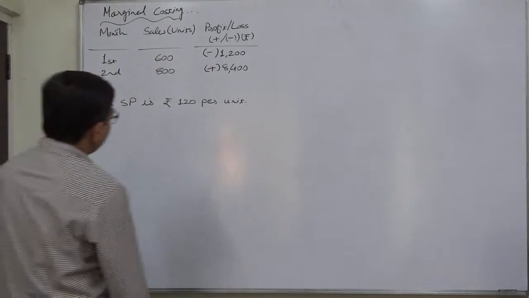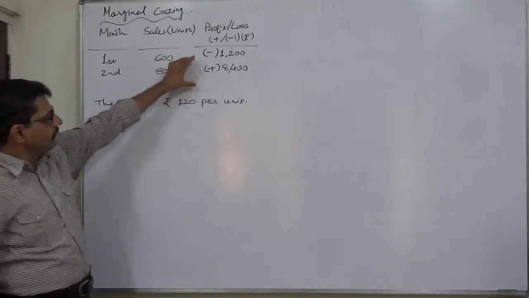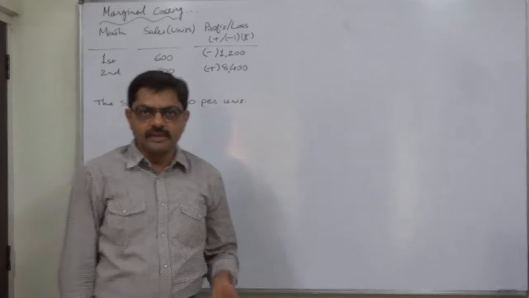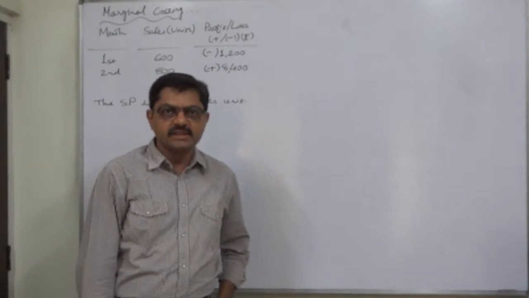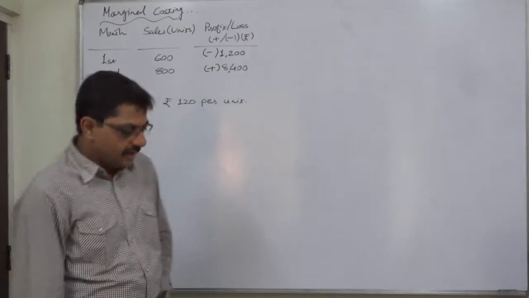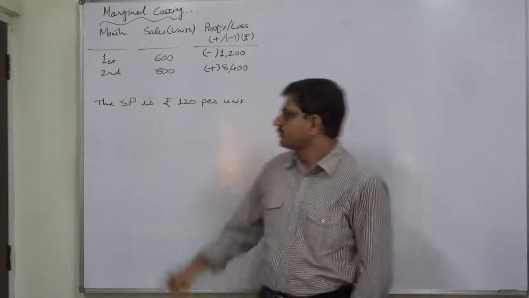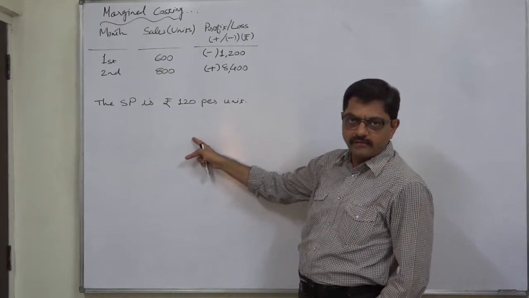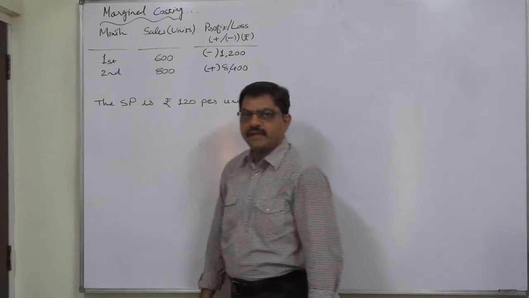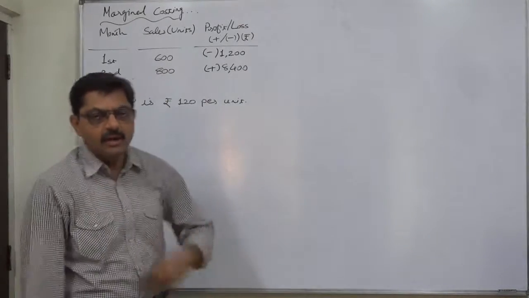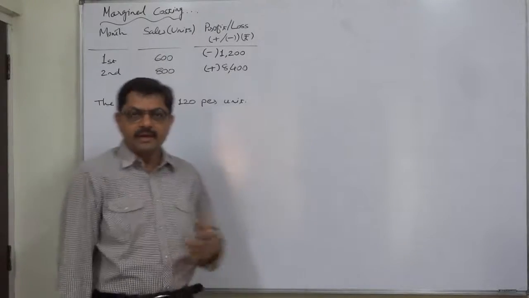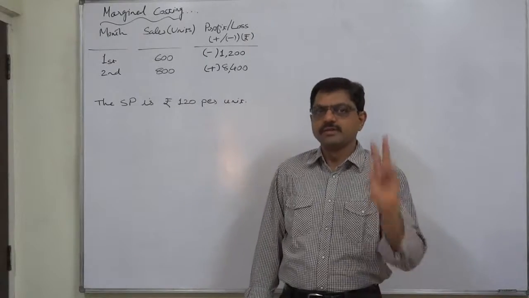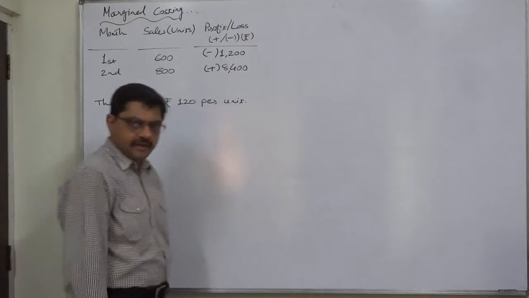But as we know now, first of all, we have to find the change in sales and change in profit. Then on the basis of these two, change in profit divided by change in sales will give us the PV ratio, and substitution of any one of sales quantity and relevant profit or loss and the PV ratio found in the first step will give us the fixed cost, that will be monthly, and then only we can calculate BEP, required sales, profit or loss on selling other quantity, etc. on the basis of the pair of PV ratio and fixed cost.